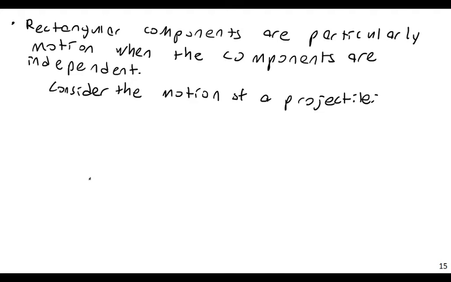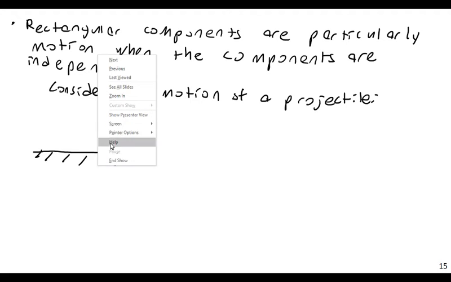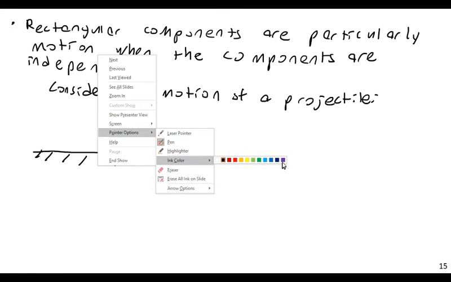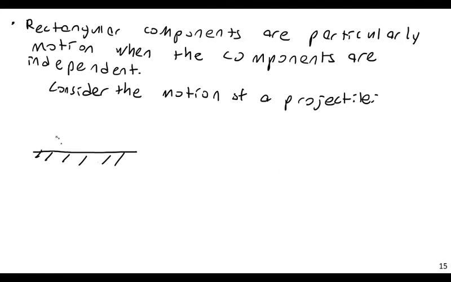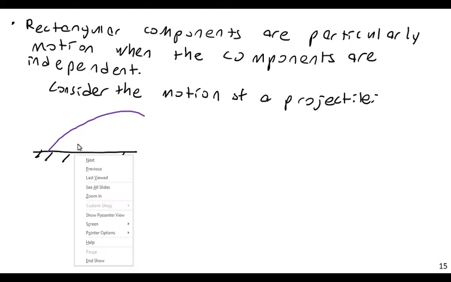If you have an object that is in projectile motion, this is assuming that we're ignoring air resistance, as we often do in basic projectile motion problems. If you're allowed to ignore air resistance, then the x and y motion become completely independent. If you do have to consider air resistance, though, then the motion is not independent and the math becomes a lot more complicated. But if we are ignoring air resistance, then the motion becomes independent.